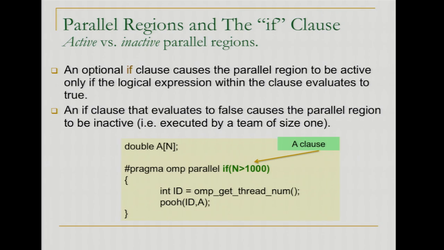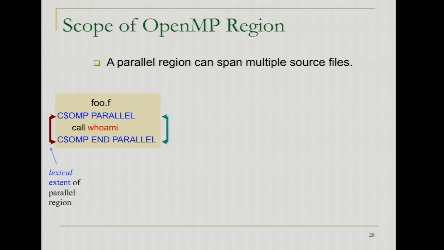The threads all do whatever work is inside the parallel region, and then they end. That's it. Is it simple or what? It's very, very easy. And you can add a clause to this one in particular that tells the system whether or not you want it to actually do that, so even that step can be suppressed if there's not enough work.